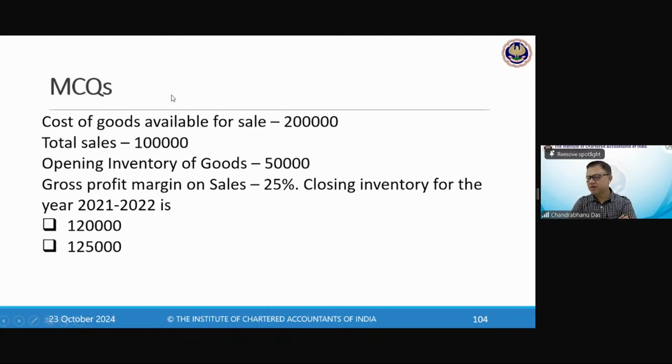So, is there an answer? Can anybody say what is the closing inventory?